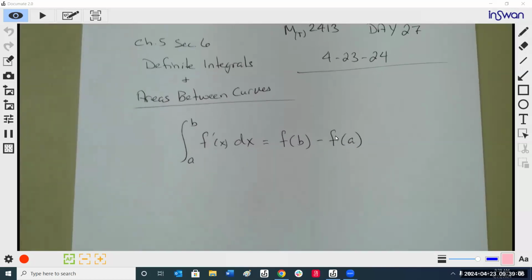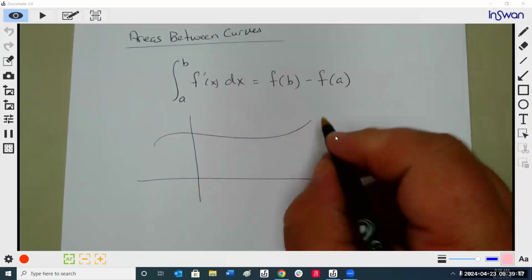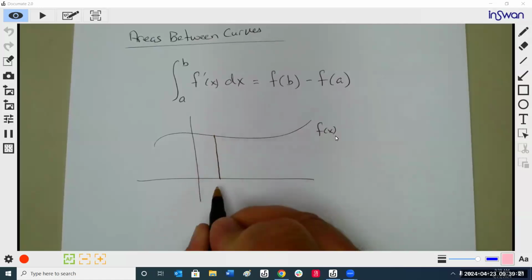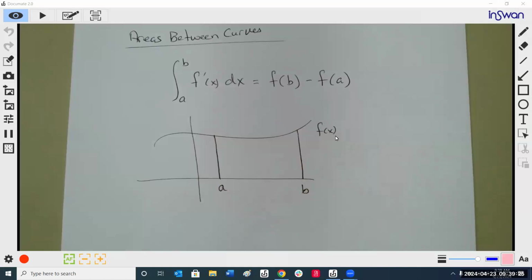What is this thing really doing for us? We have some function f of x. We're within some interval, some bound.